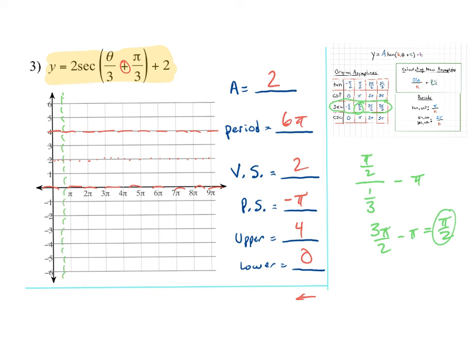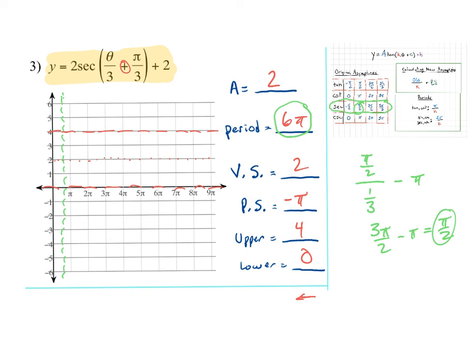Now pi over 2 is actually in between 0 and pi, so it's in a kind of weird position there. Don't panic. Once I locate that asymptote, to get the next one, I'm going to go out 6 pi. Actually, it's not the next one, it's the end of the cycle. I have to go 6 pi and figure out what that one is.